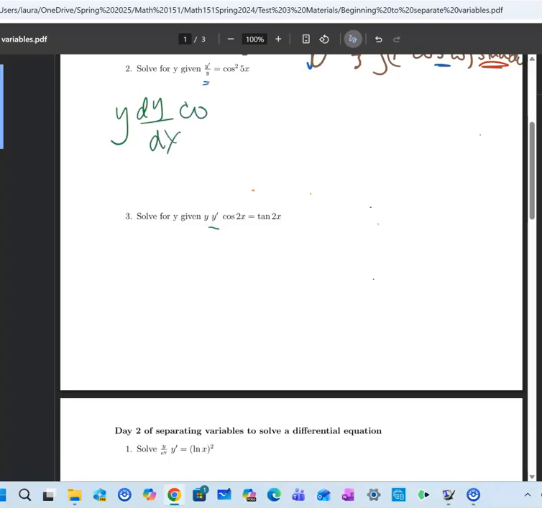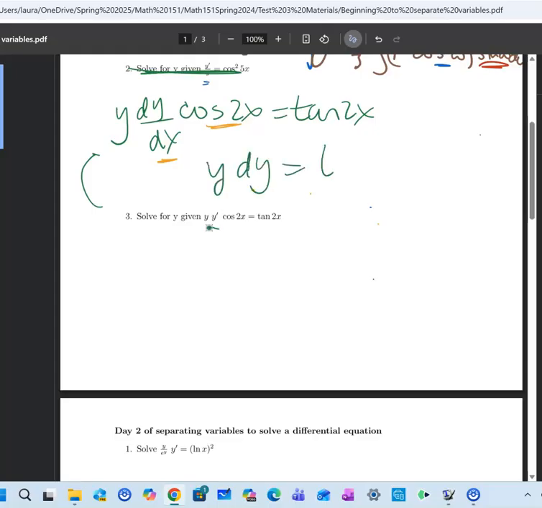And I'm just going to go slow, right? So I'm doing this one up here, equals tangent of 2x. So I'm going to multiply by dx and divide by cosine, right? So I'll get y dy equals tangent of 2x divided by cosine of 2x times dx.